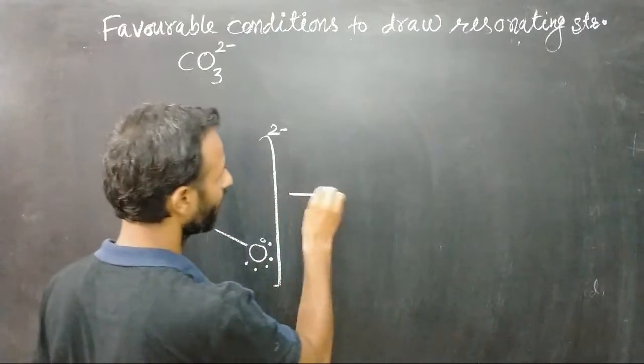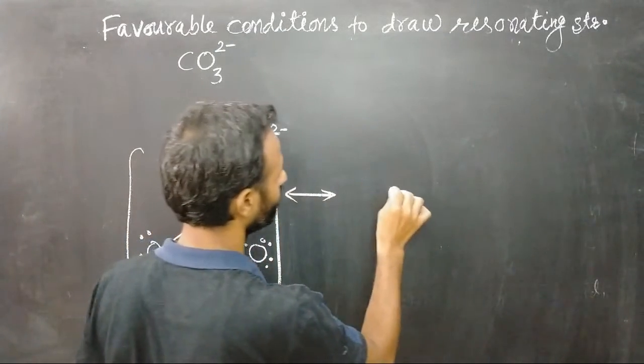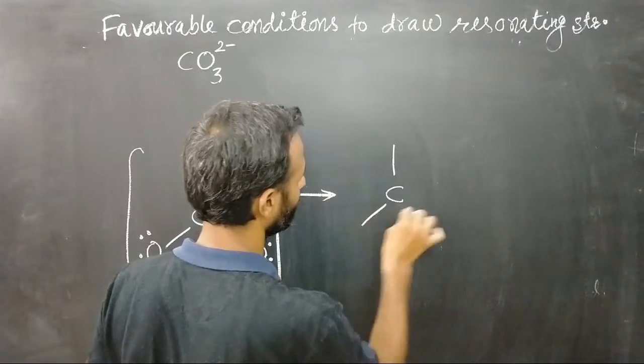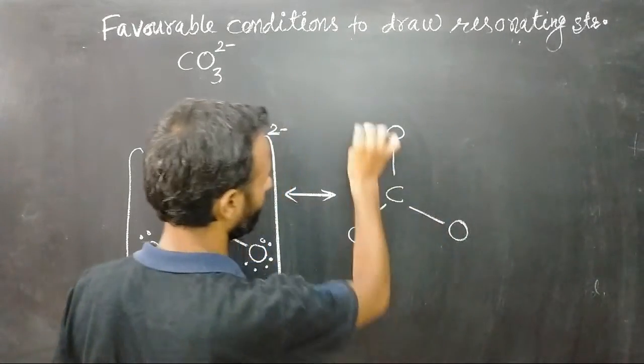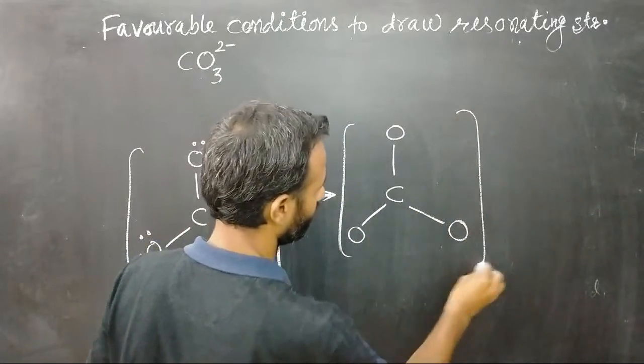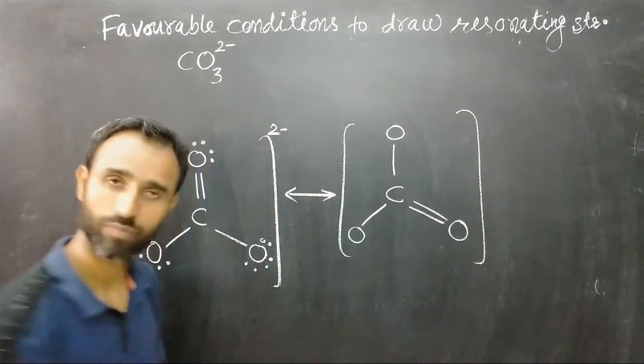We can draw like this. If the double bond is here, it can be.